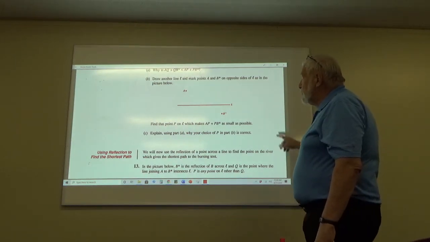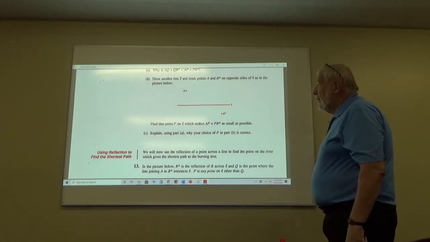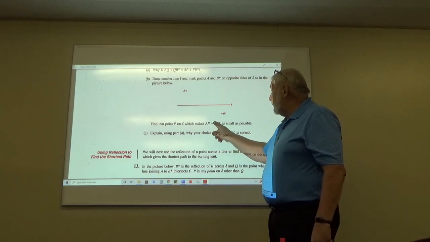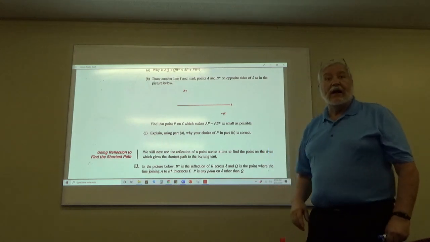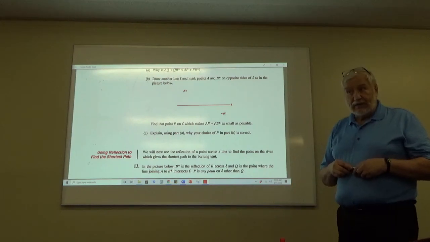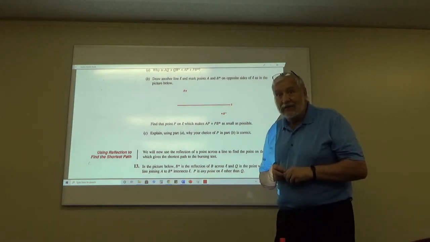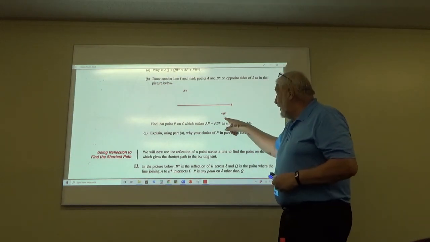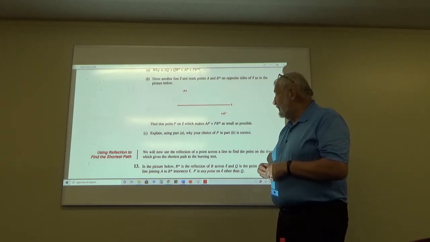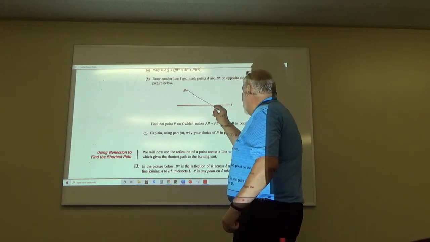So, draw a line L and mark points A and B prime. Now, find the point P on line L which makes AP plus BP the smallest. We just went over that, but what do you do if you're drawing it? You're taking a ruler and drawing the shortest distance between the two points, the line between here and here.